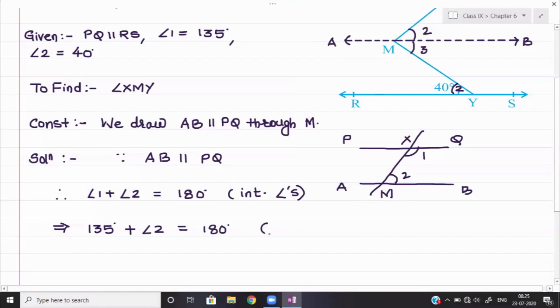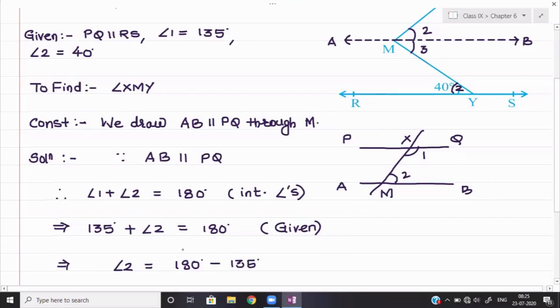Now angle 1 is equal to 135. The reason we can give is with the help of the given, where we have mentioned that. So now angle 2 would be equal to 180 minus 135. From 180 if we subtract 135, the value will come to 45 degrees.